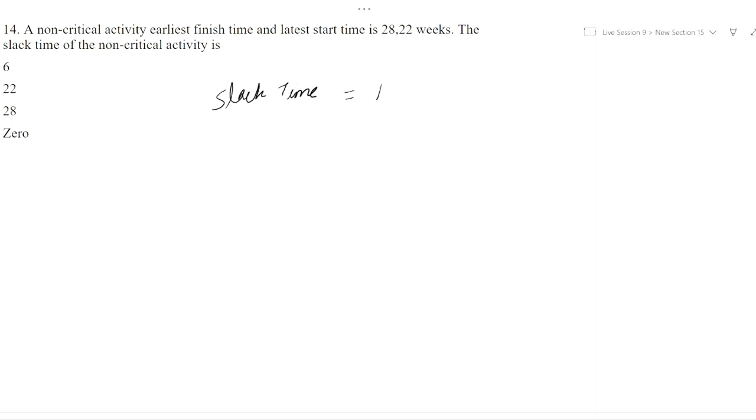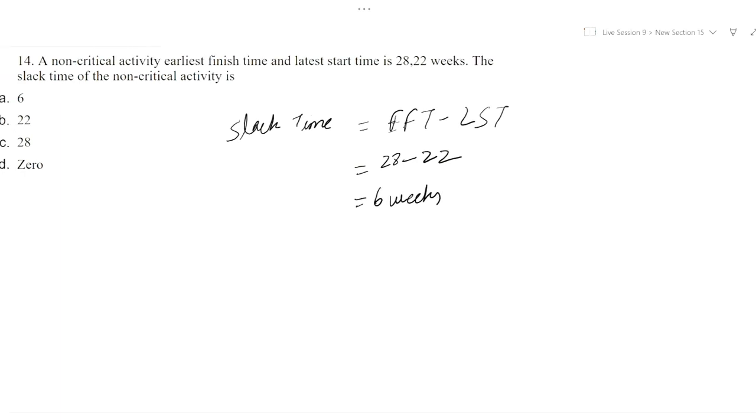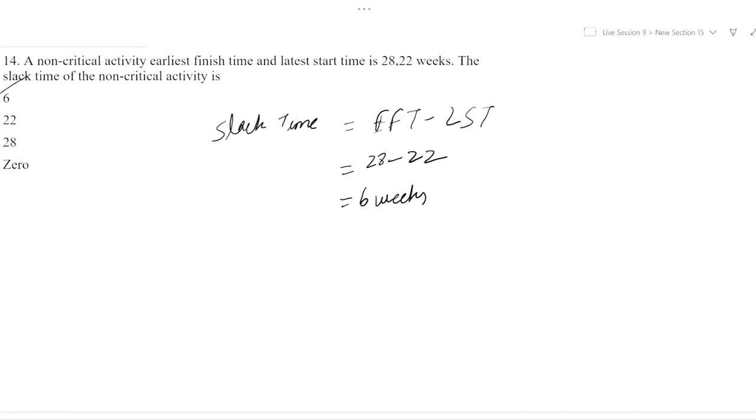The slack time is the late start time minus the earliest start time. Here it is 28 minus 22, which is equal to 6 weeks. Slack time is 6 weeks.